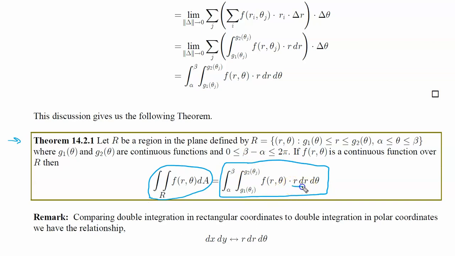And once again, notice that your dy dx became r dr d theta. Okay, so that's it. That's how we can evaluate a double integral using polar coordinates. Now let's take a look at some examples.